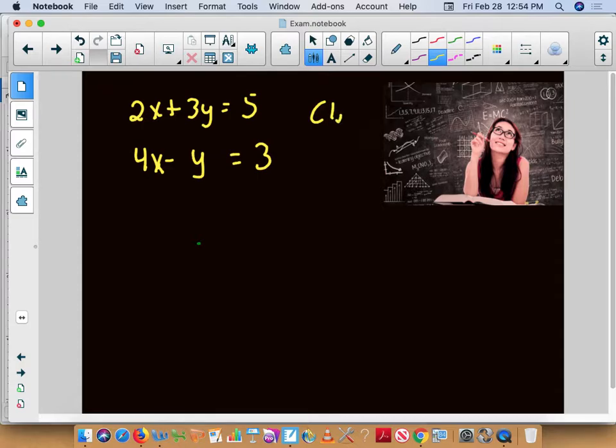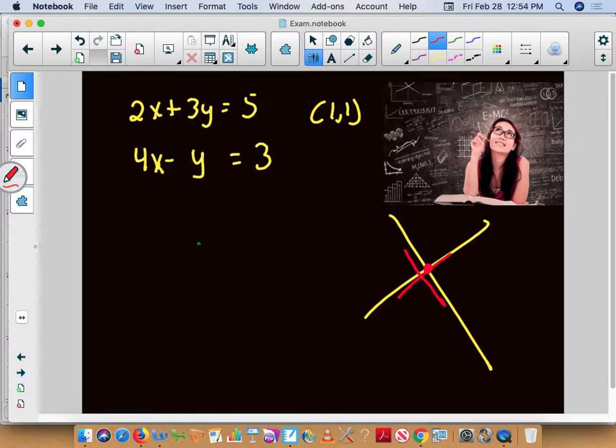And if I say, does the point 1, 1, is that where they intersect? If they intersect there, that's the one point in the whole world that they both share. Think about when lines intersect. If they intersect, isn't that the one point in the whole world that is in both this line and this line? Yes. So that's why I'm filling it in.